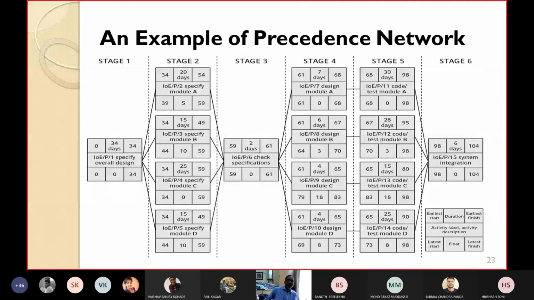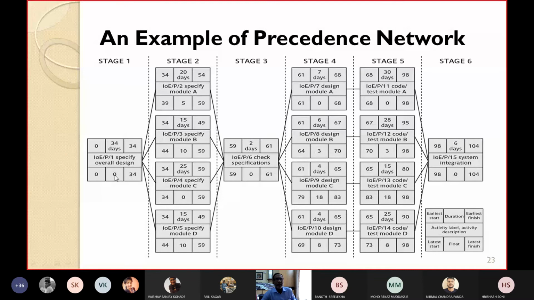Now I am showing a small example. I think we have shown this example in previous classes. This is an example of a precedence network or activity plan. You can see these notations I have already told you. They show the earliest start time 0, earliest finish time 34, latest start time 0, latest finish time 34.